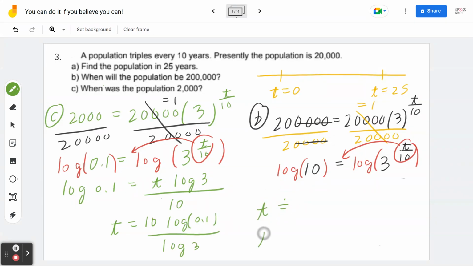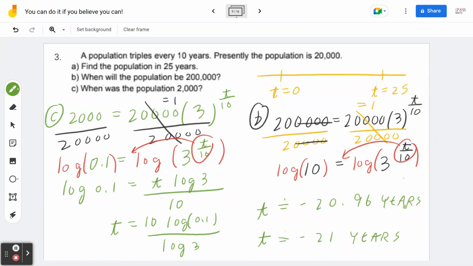So again, I'm going to grab a calculator. I'm going to work it out with you. We'll talk about the rounding as well. 10 times log of 0.1 divided by log of 3. This is going to be negative 20.96 years. So you can round this to negative 21 years.